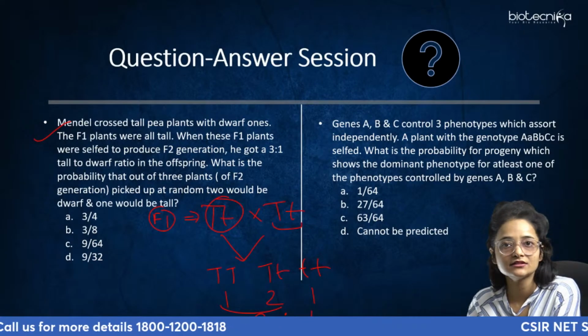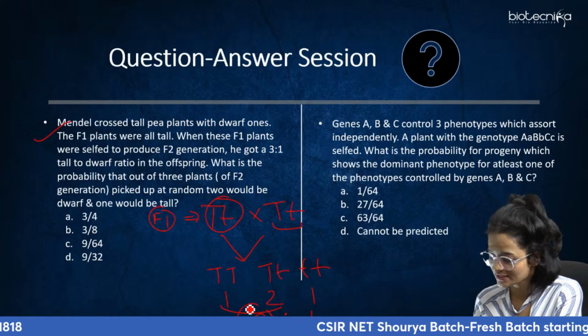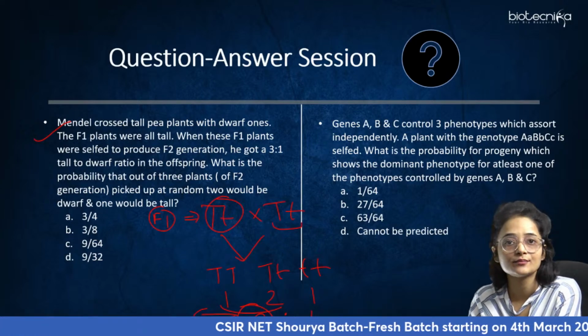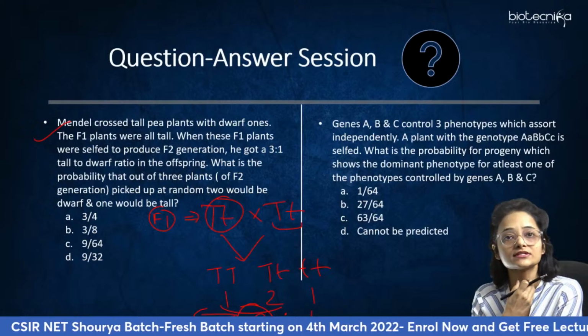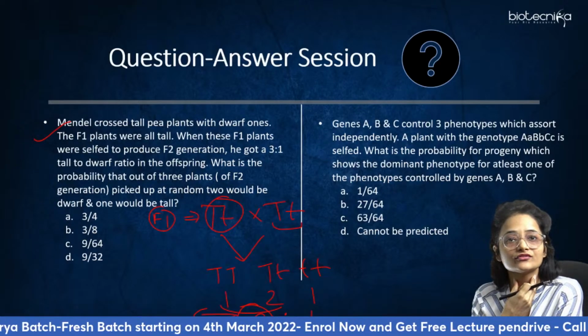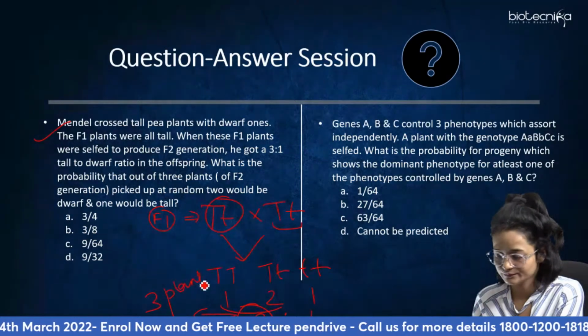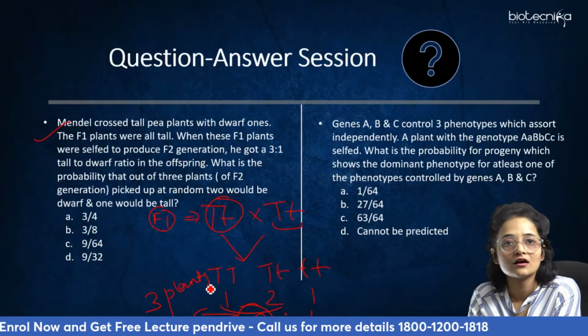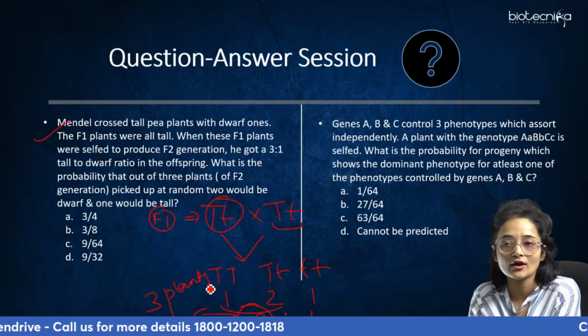Then it asks what is the probability that out of these 4 plants, we took any 3 plants of the F2 generation at random, and 2 would be dwarf and 1 would be tall.